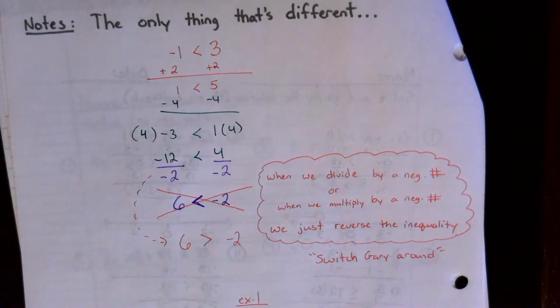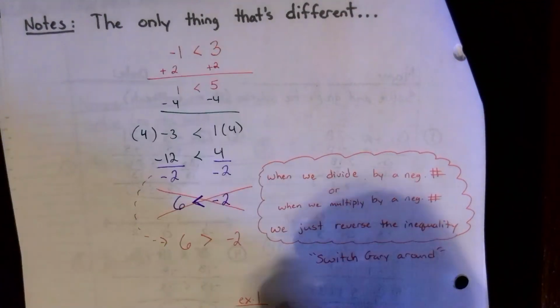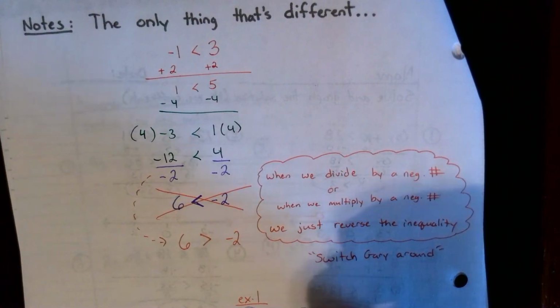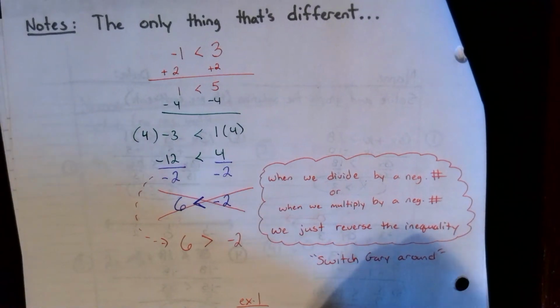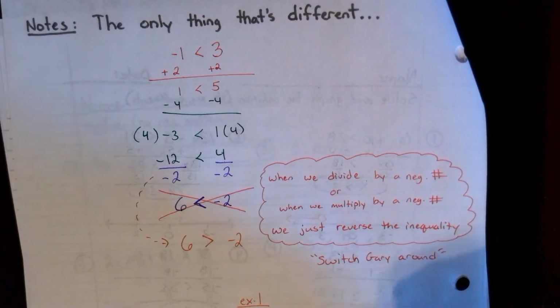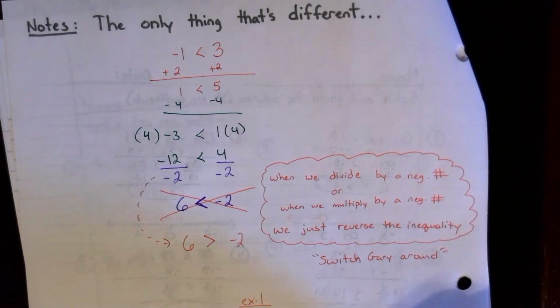All right, so we go ahead here. Let's combine like terms. Get negative 3x plus 6 is greater than or equal to 33. Subtract 6 from both sides. Negative 3x is greater than or equal to 27. Next algebra step, divide by negative 3. That's going to be a key.